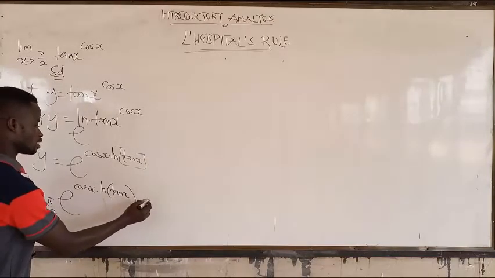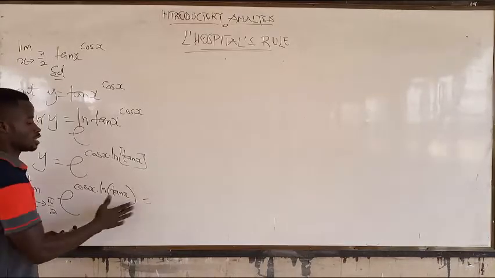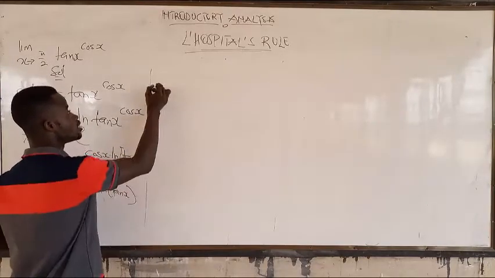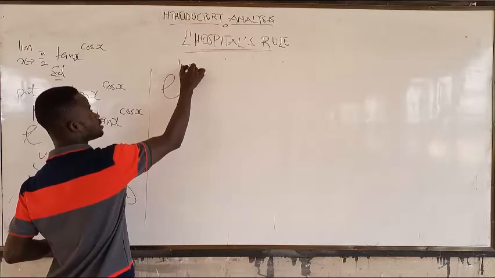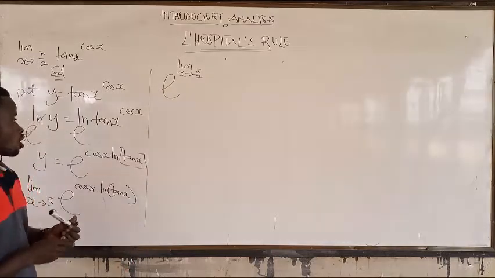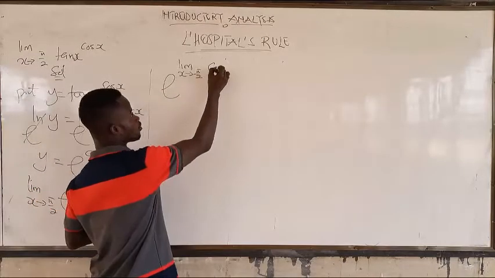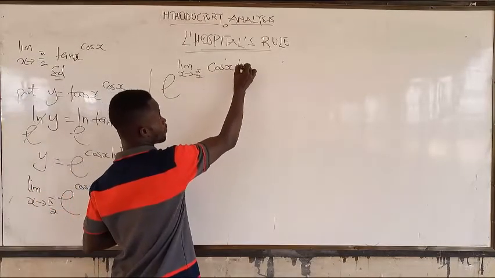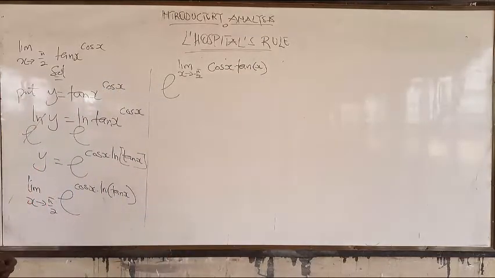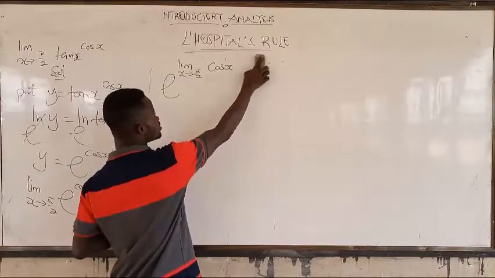So this is the same as e raised to the power of the limit as x approaches pi on 2 of cos x ln tan x.